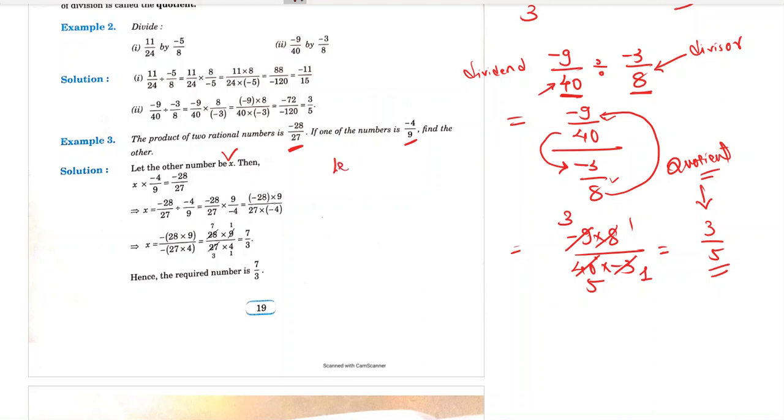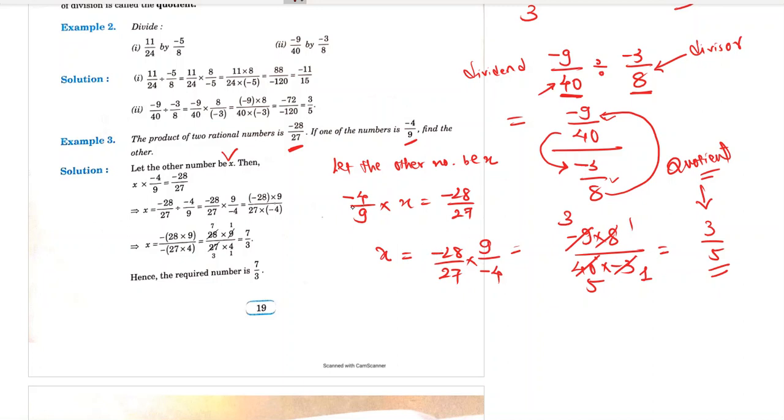Let the other rational number be x. So minus 4 by 9 multiplied by x is equal to minus 28 by 27, and now you can solve it. So whenever you solve an equation like this, keep x over here, keep minus 28 by 27 wherever it was, and shift this 9 to the other side and minus 4 to the other side.